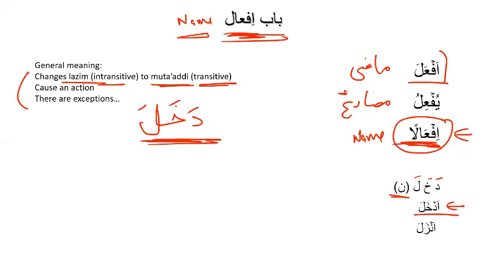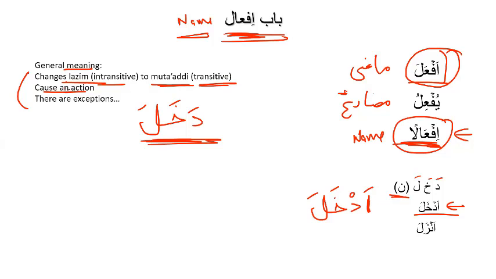I hope you see where this is coming from. It will take the form af'ala. So the alif is just added. Alif is mazid fi. Instead of the fa, I put the dal. Instead of the ain, I will put the kha. So it will be adkhala. So the verb adkhala means to cause somebody else to enter. So the general meaning includes, to cause an action.